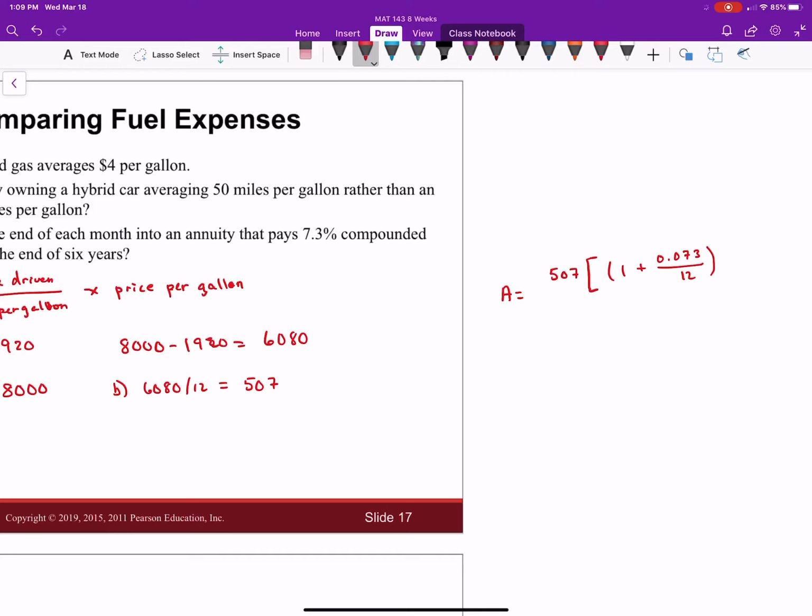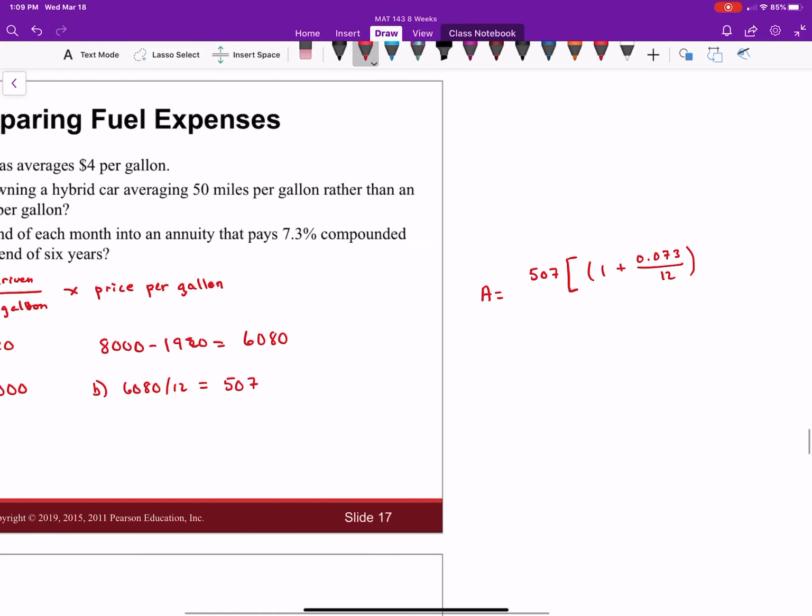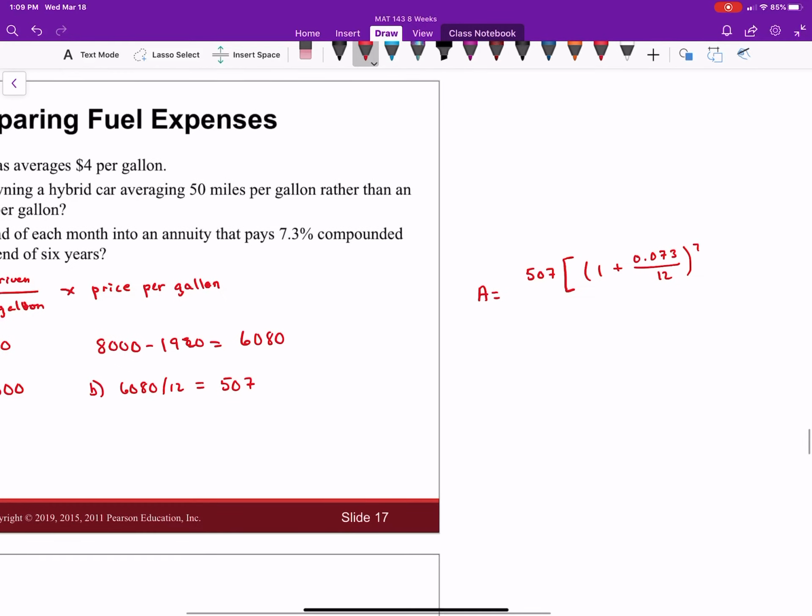Then our T is 6 years and our N is 12, so it's raised to the 72.